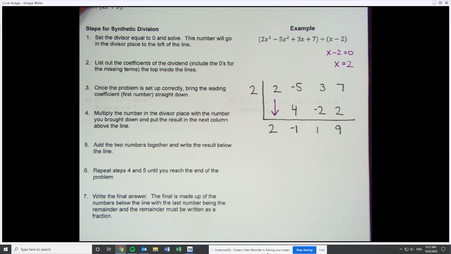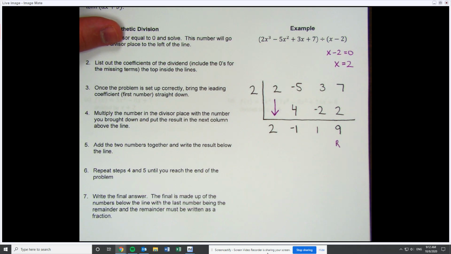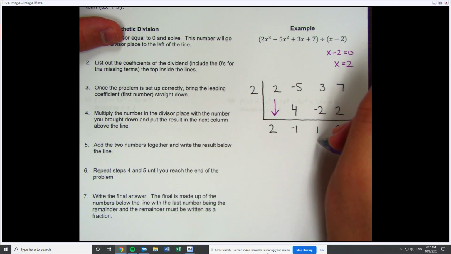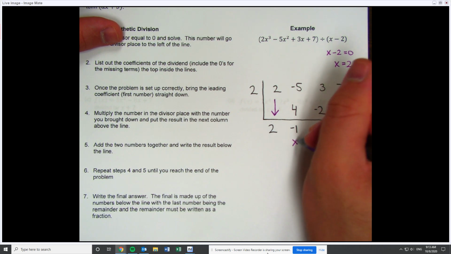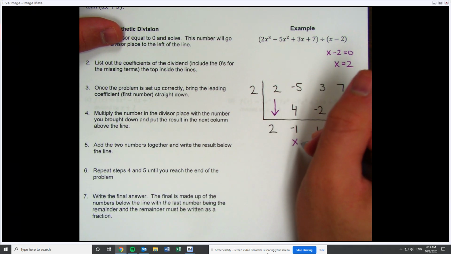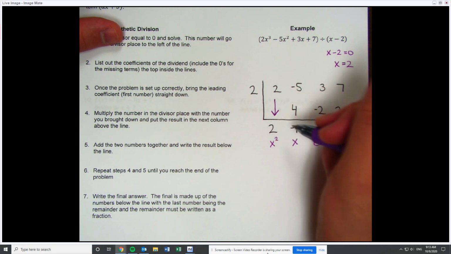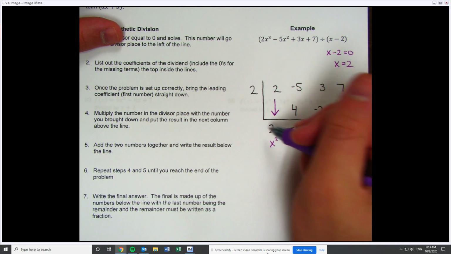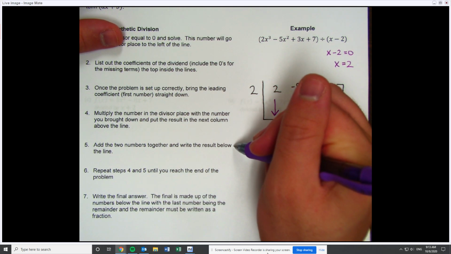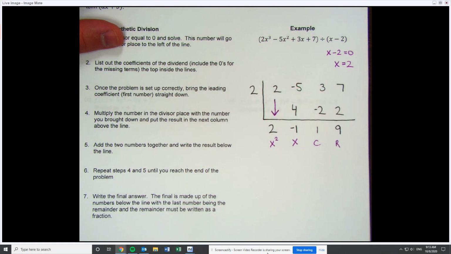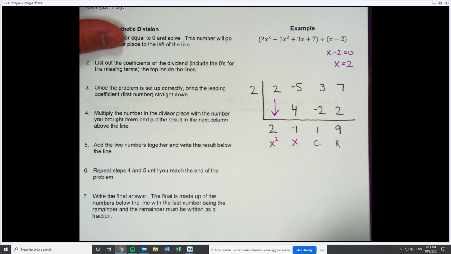Always start on the right side, and you're going to label that R. Then after R comes C, and from C we'll do X, and now we count upwards in X. So after X comes X squared. The square has nothing to do with that 2 right there. If I had another number right here, that would be X to the third, then X to the fourth, and the fifth, and sixth, and so on. So after C, you just start counting up in X.